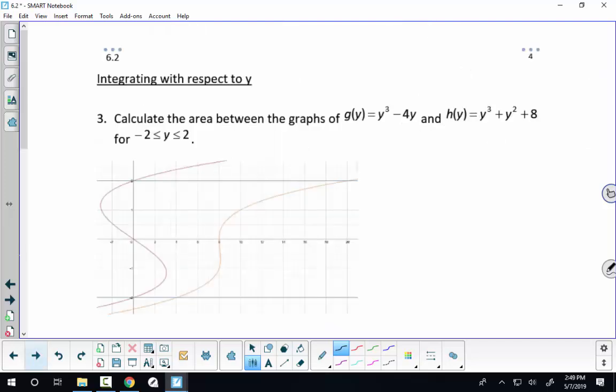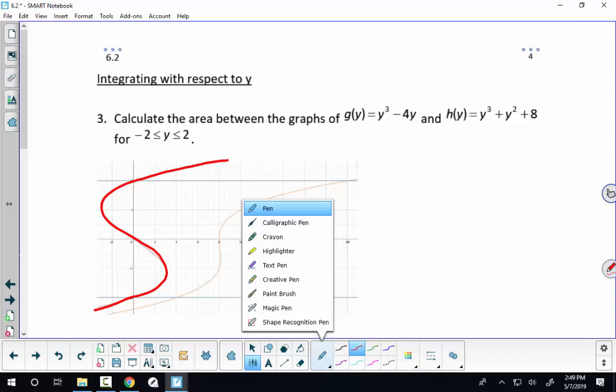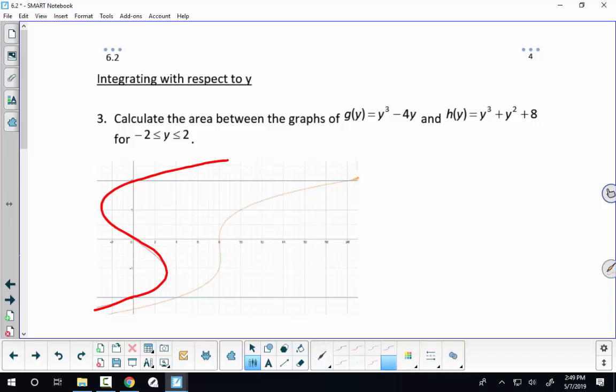Okay, we'll look at one more. So this one we're going to integrate with respect to y. Let me just highlight these curves here. And it says we've got these two curves, functions of y, from a y value of -2 to a y value of +2.